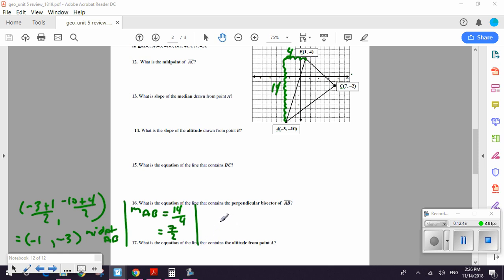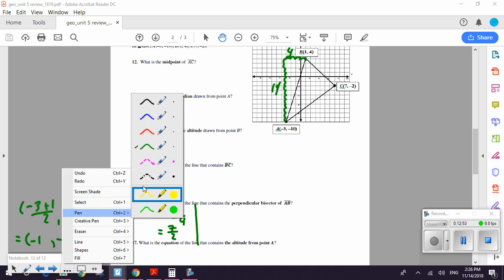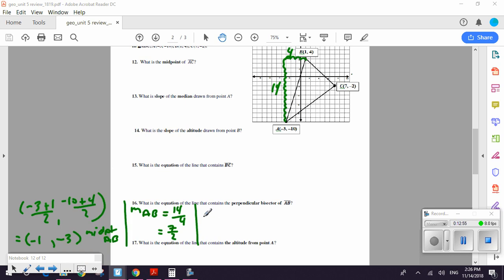Now that I know the slope of AB, I need the perpendicular slope because I need it for my perpendicular bisector. So the perpendicular slope of AB is -2 over 7. Now with this slope, -2 over 7, and with my midpoint, I'm going to write my equation.